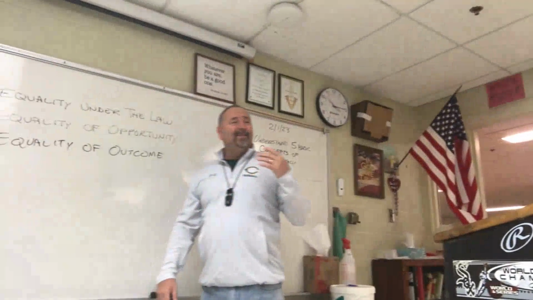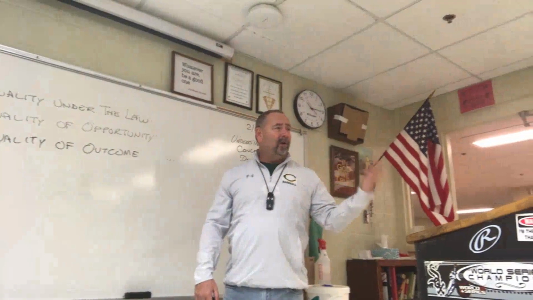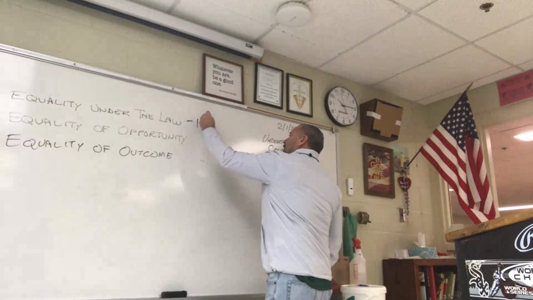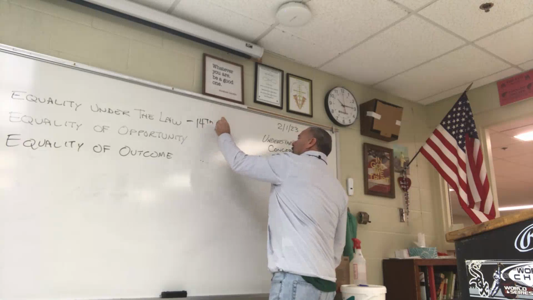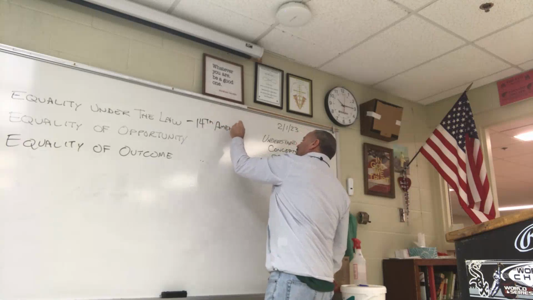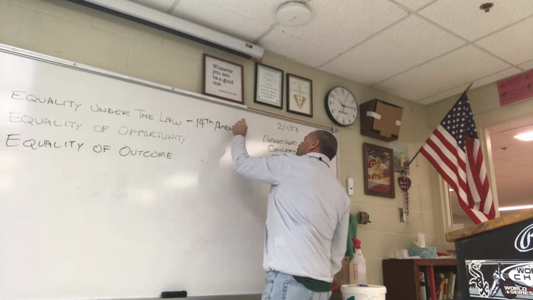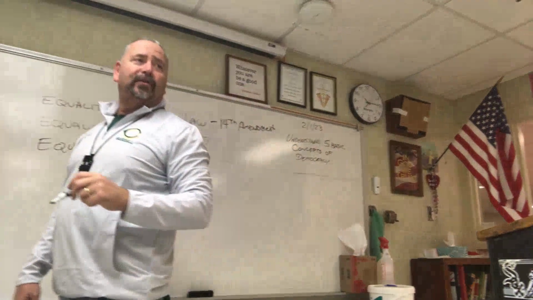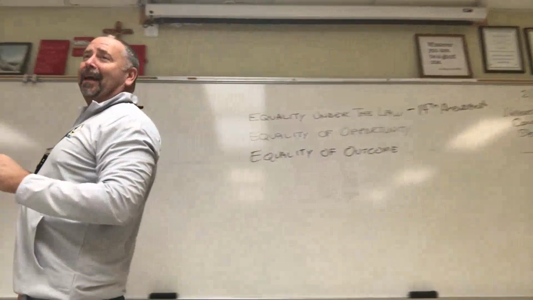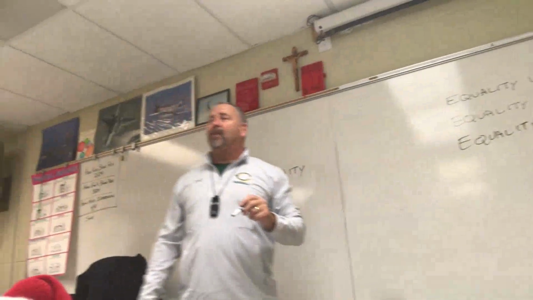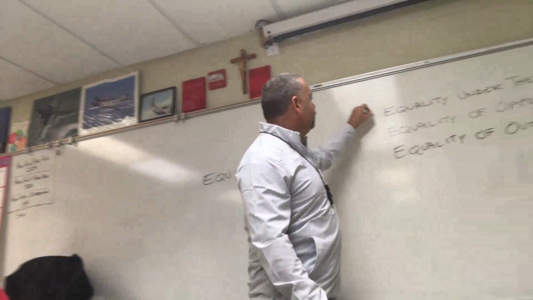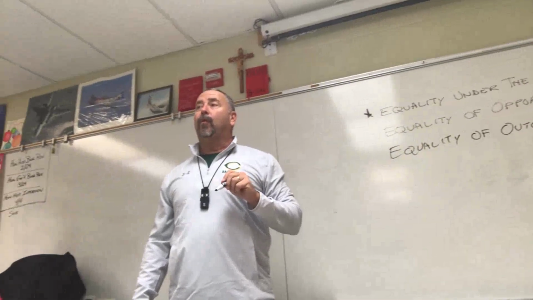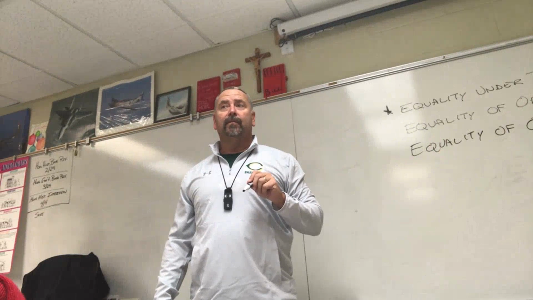In 1861 to 1865, we had the Civil War. In 1866, we passed the 14th Amendment, right? Which I've already discussed in this class once or twice, and will continue to, that said we have this: equal protection under the law for all citizens.